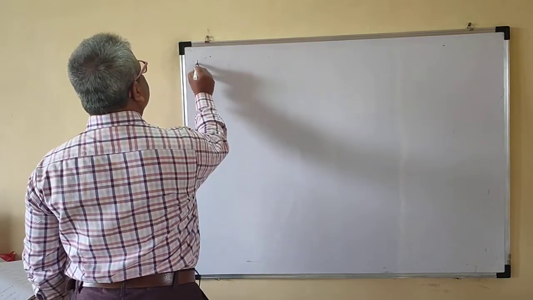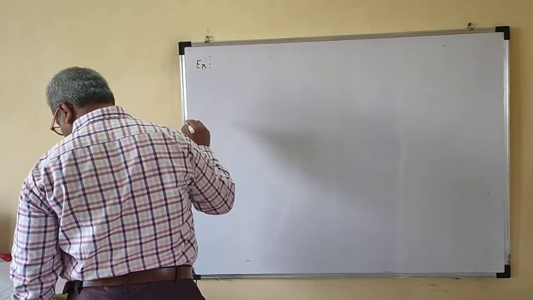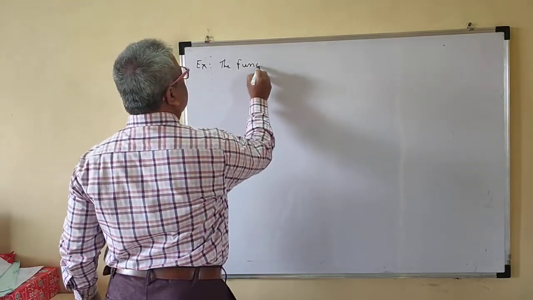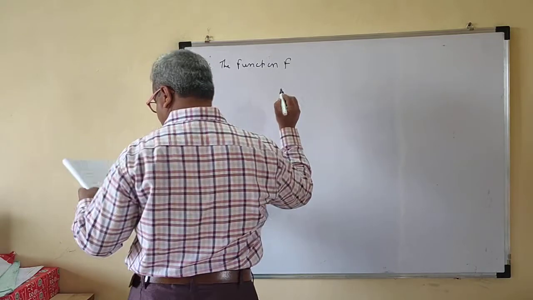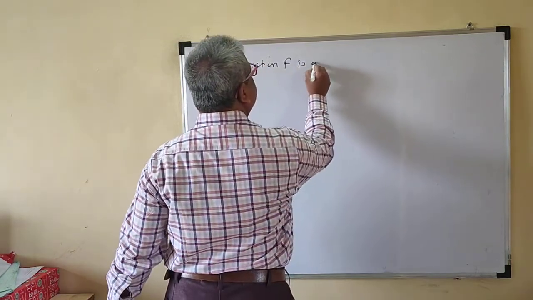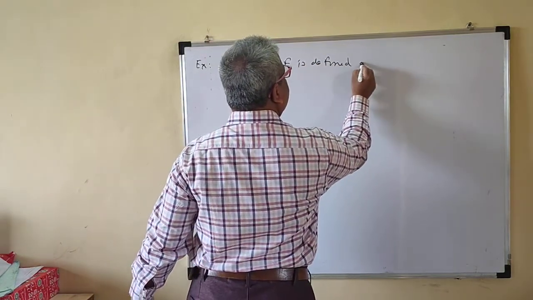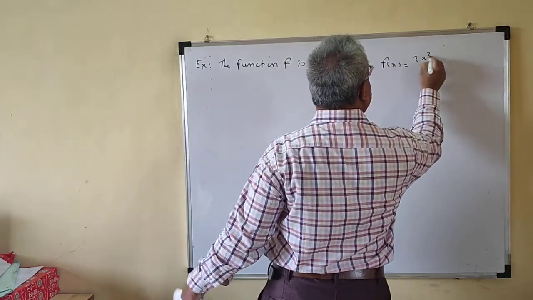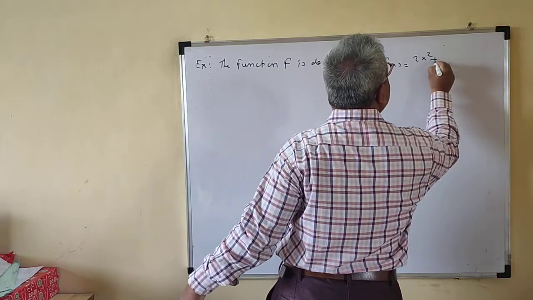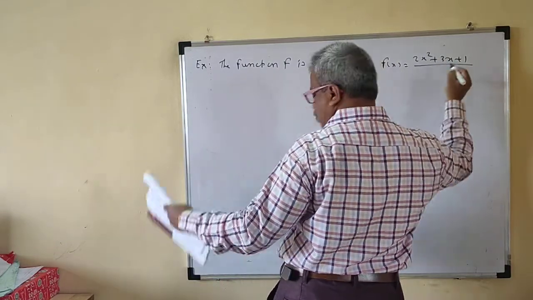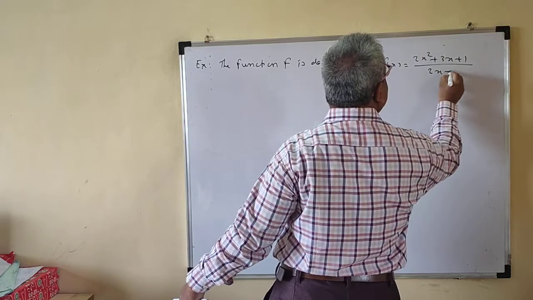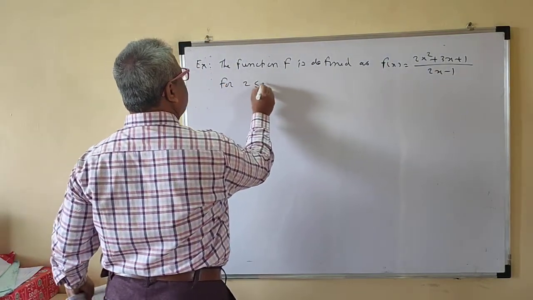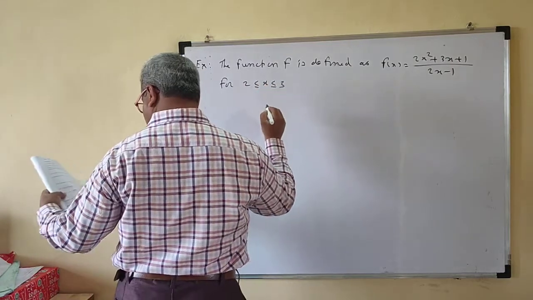So we take an example. The function f is defined as f of x is equal to twice x square plus 3x plus 1 upon twice x minus 1, for 2 less than or equal to x less than or equal to 3.